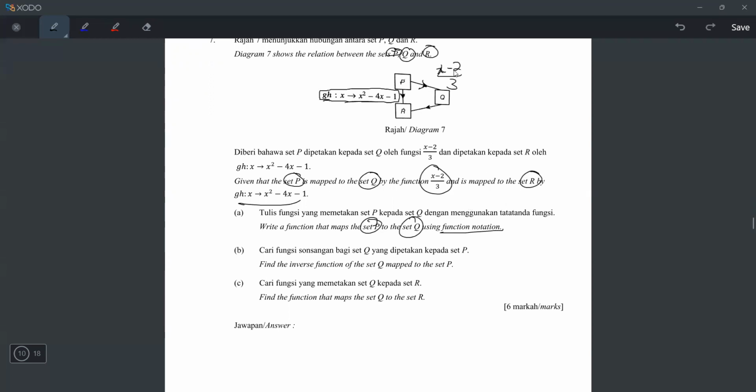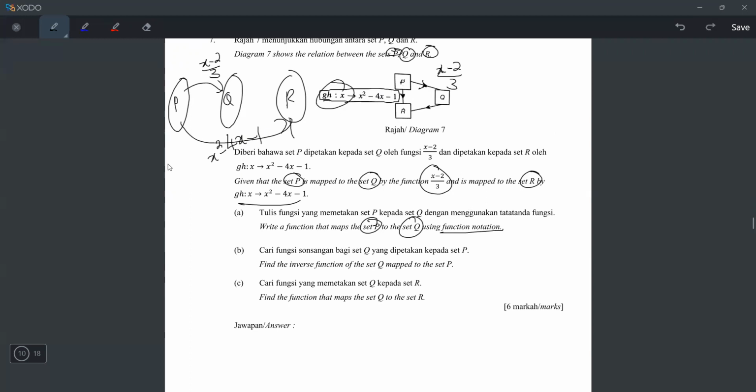It's this one, right? But I want you all to imagine this. There's P, there's Q, there's R. If I draw an arrow diagram, it will look like this. This is P, this is Q, this is R. We know P to Q, the function here is (x minus 2) over 3, and P to R is x squared minus 4x minus 1.